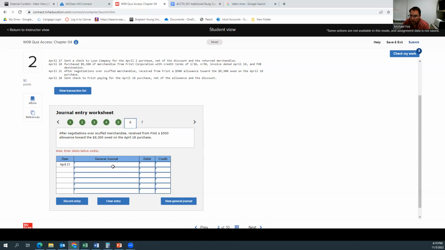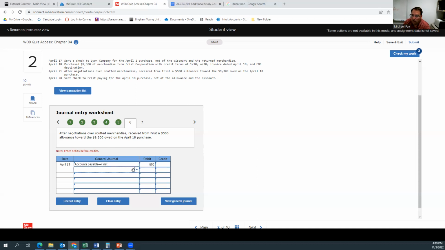We'll probably have to sell it at a discounted price to our customers because it's scuffed. So when we get this allowance, let me think about this one for a minute. The amount that we have to pay them, so the accounts payable to Frist, is going to go down by 500.